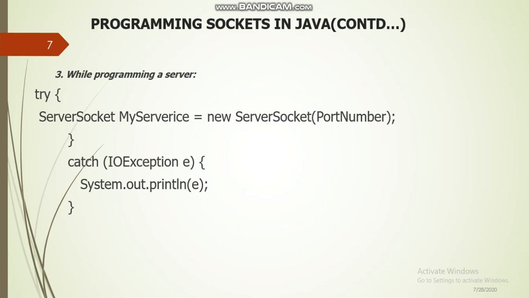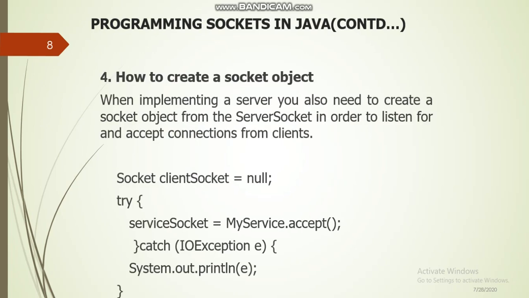At client side, we specify the machine name and the port number. Now, when implementing a server, we also need to create a socket object from the server socket in order to listen for and accept connections from the client.